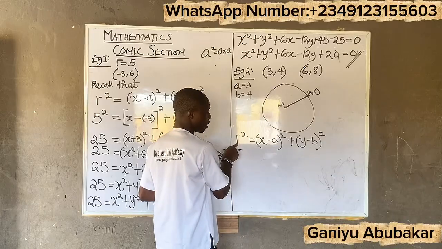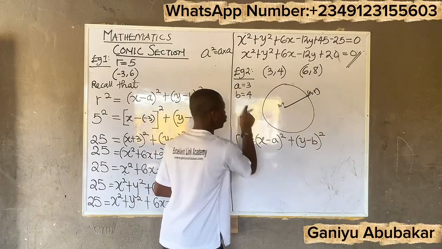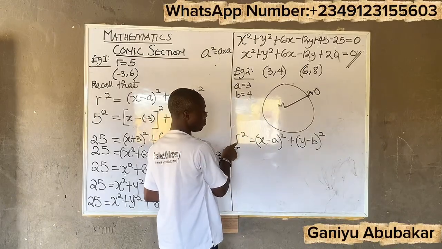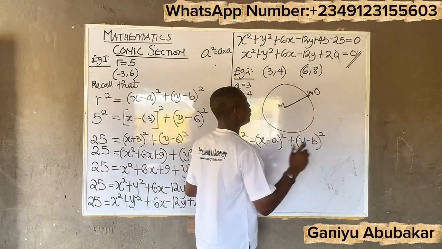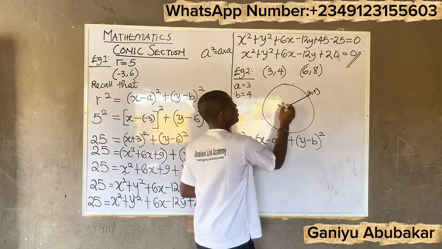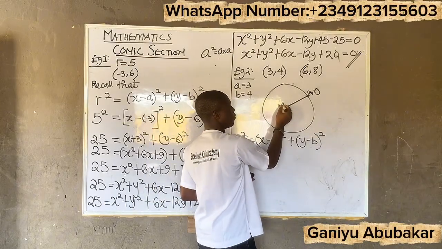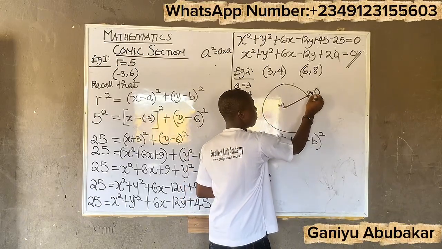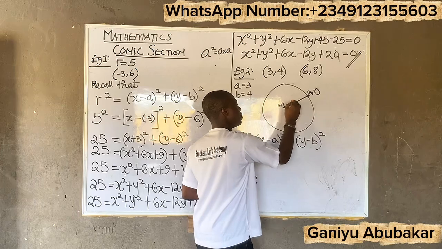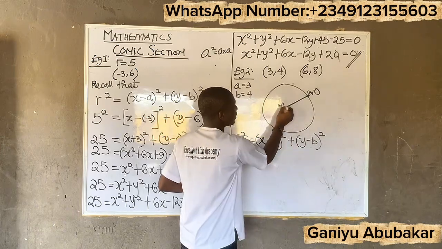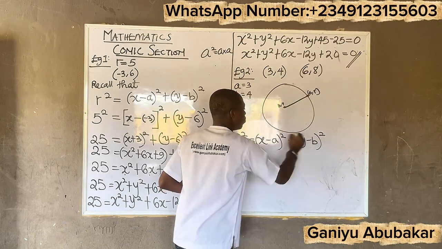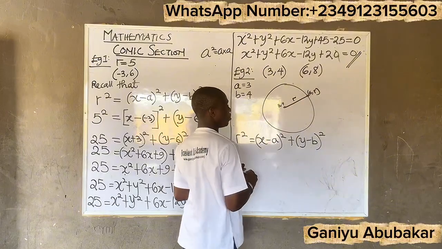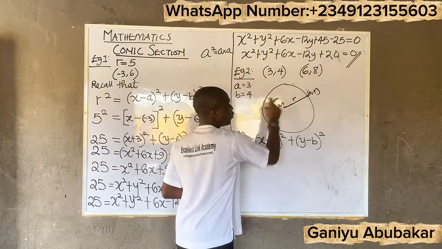So we need a and b, which are known already, but we don't know the value of r. So how do we get r? In the question, given the center point as 3, 4, it passes through another point, 6, 8. Now here's the task. From the center point to any point on the circle gives you the radius. So we don't know the radius, so we can find it from here.